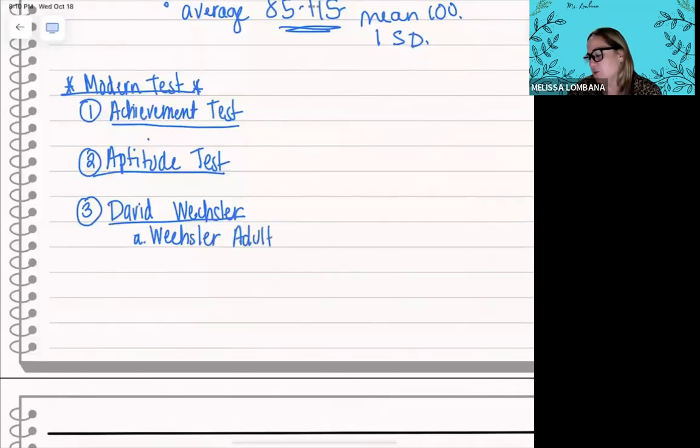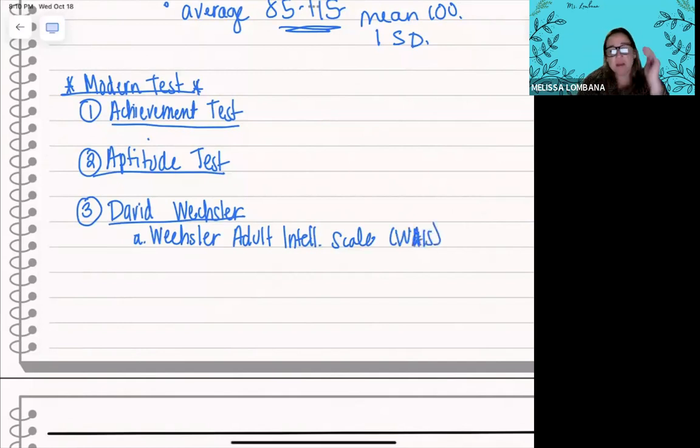He has the Adult Intelligence Scale, which is called the WAIS, with an A. This one measures intelligence for adults, okay? And then he has the WISC, which is for the kids, basically the Wechsler Intelligence Scale for Children. Write that all down. I'm not going to write it for you because this video will take too long, and then you guys are going to complain about the video being too long.